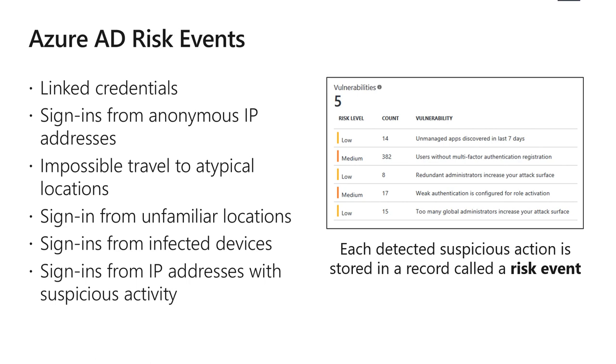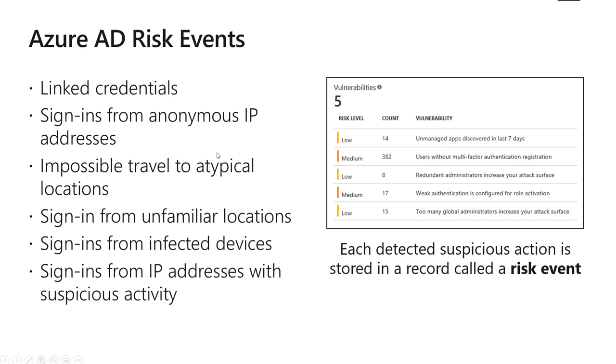Azure AD uses adaptive machine learning algorithms to detect suspicious actions related to your user accounts, and each detected suspicious action is stored in a record called a risk event. Currently, Azure actively detects 6 types of risk events. Here are only 5, so it didn't show 6.